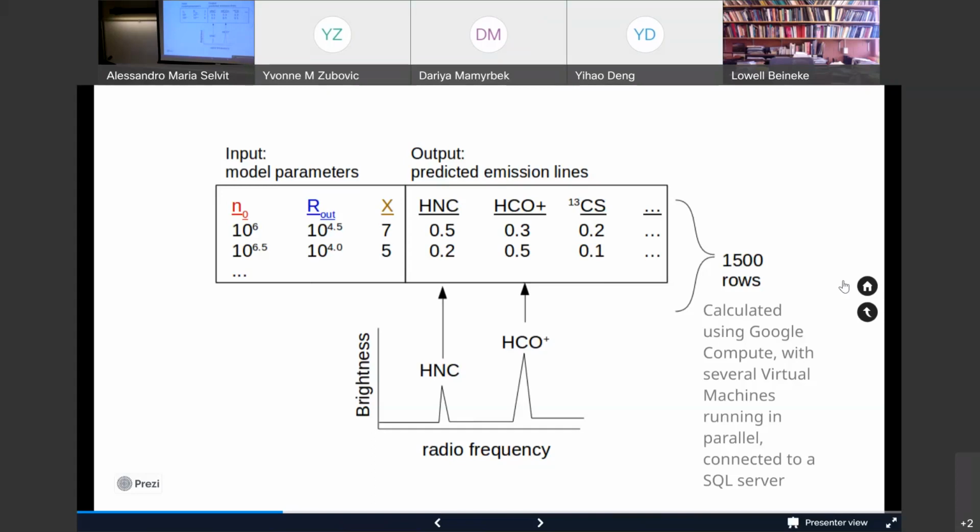I created virtual machines that could, in a sense, check out a combination of density, size, and ultraviolet radiation, and then do all the simulations to get the brightnesses of different molecules. And then I had them all coordinating using a SQL server. So they would deposit their results into the SQL server and then check out a new line. So all of them running in parallel allowed me to do 1,500 different environments and about 12 different molecules.